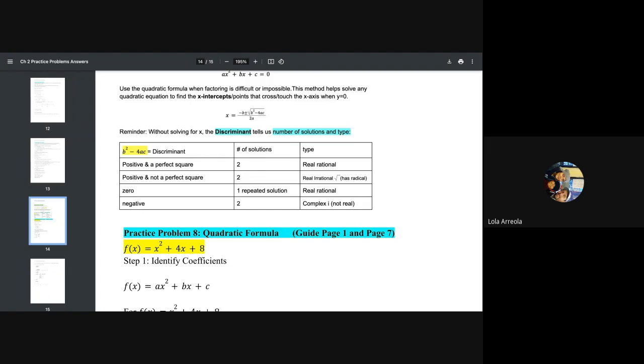I just have to understand what the discriminant means, okay? So just by me knowing how to read this little chart tells me that I understand what the whole point of the discriminant is. The discriminant's job is just to tell me the number of solutions and the type. So that's all I need to know, that I'm going to get 2 solutions, and these solutions are complex, so they're going to have an i. So that's what I should get in my final result.